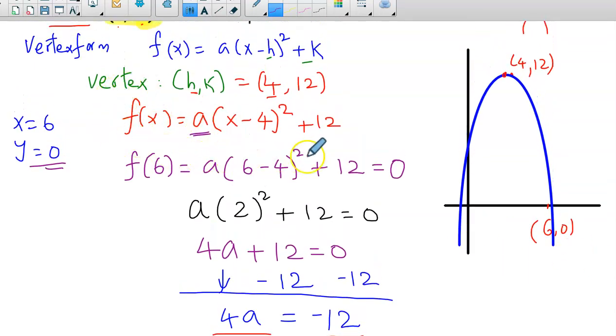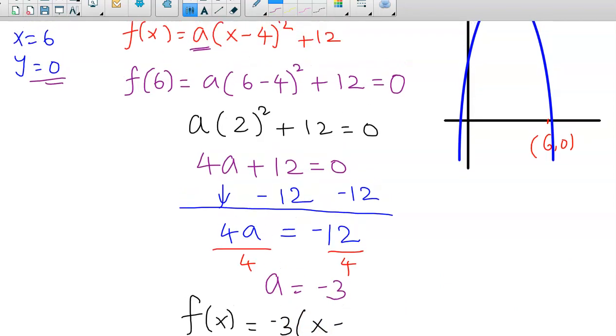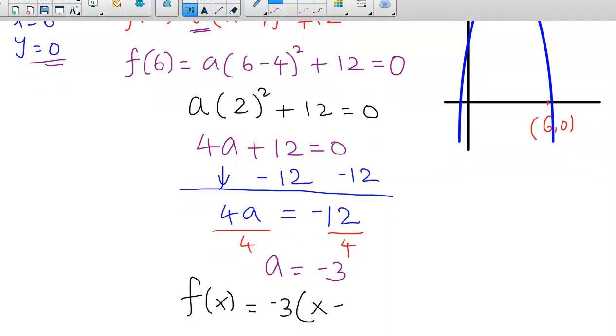And I'll go ahead and substitute in this function. So my final answer, f(x) is equal to a, which is negative 3, times (x - 4)^2 + 12.